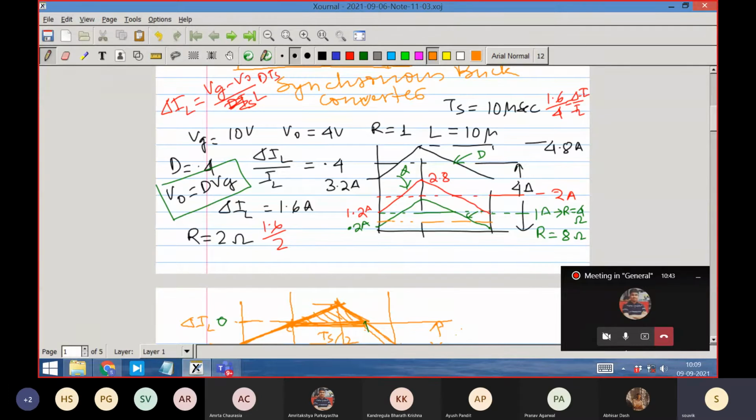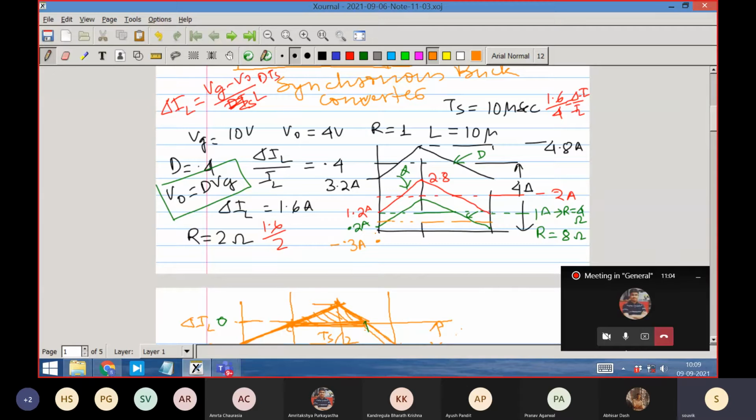So if that should not change, then what should happen? 0.5 is the average value, minus 0.8 is the initial value. So 0.5 minus 0.8 is minus 0.3. So it is trying to flow a current of minus 0.3 ampere.